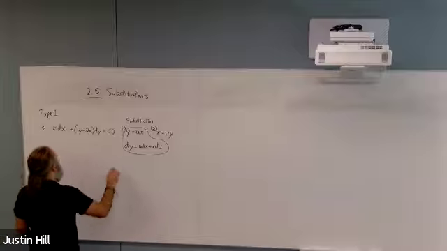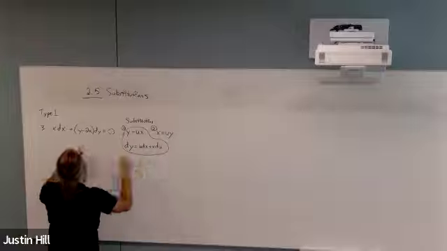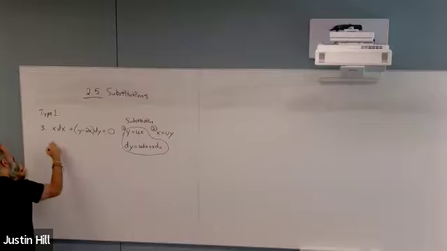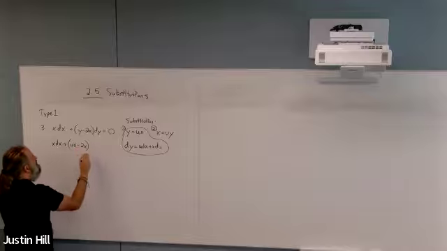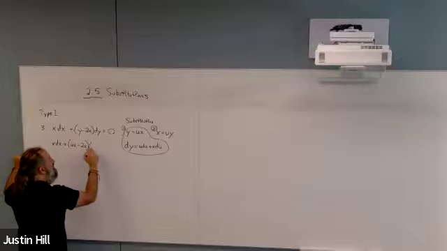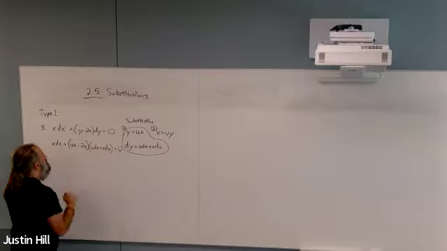So let's go ahead and do that. I'm going to replace my y's with ux. I'm going to replace my dy with this. So we end up with x dx plus (ux minus 2x) parentheses, then my dy is u dx plus x du. All this equals 0.